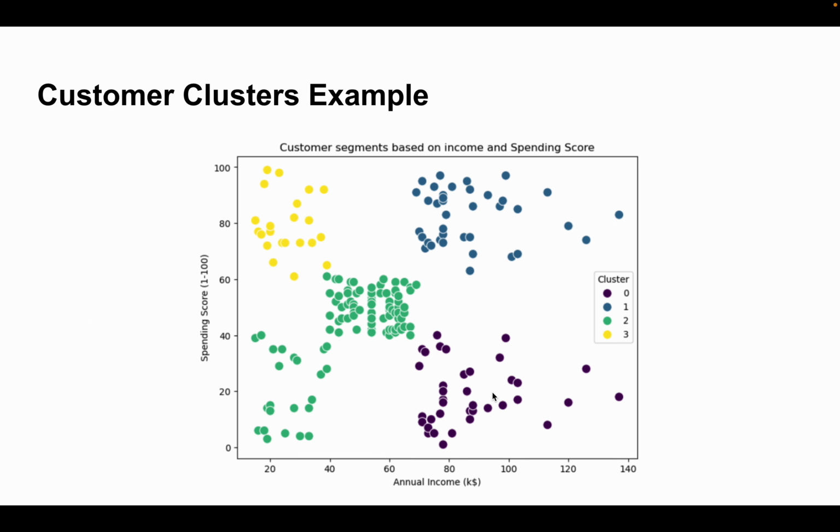So here is a final example. This is exactly how companies use machine learning. They put customers as points on a plane, as you can see, and they create different clusters and divide these groups of people into different clusters. So cluster one, let's say these persons are the budget shoppers, and these may be the luxury spenders, and these do have a higher budget but are not spending much.